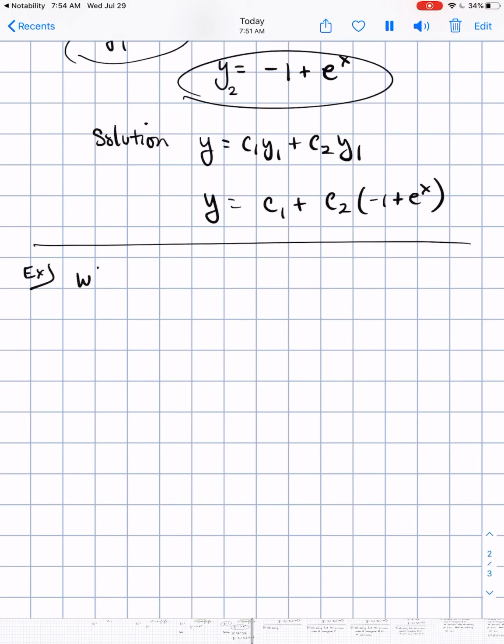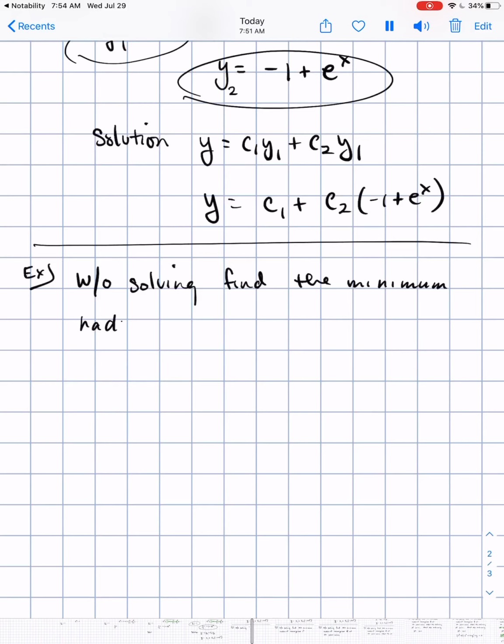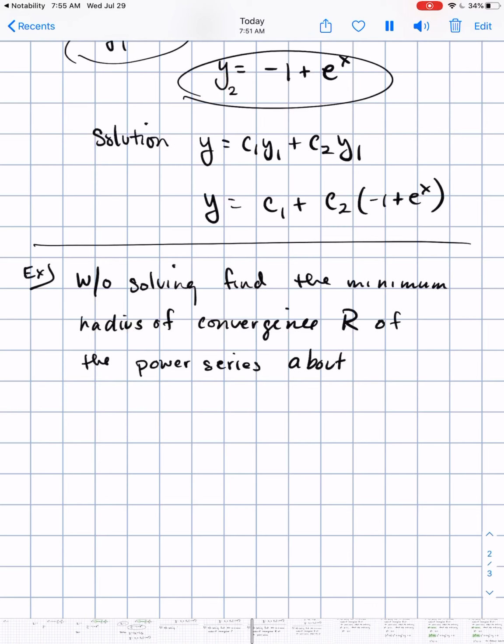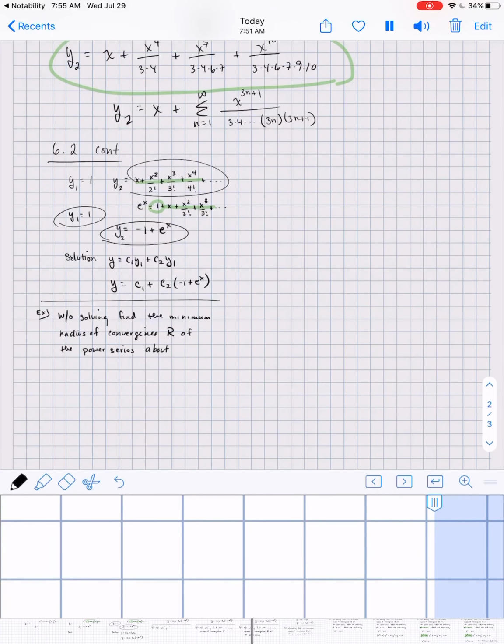You don't have to do much because they say without solving, they want you to find the minimum radius of convergence, R, for the power series about that.